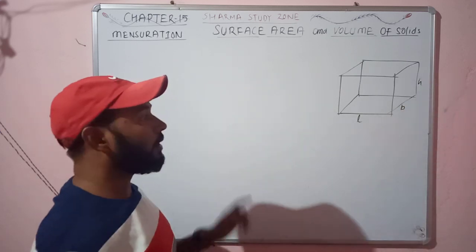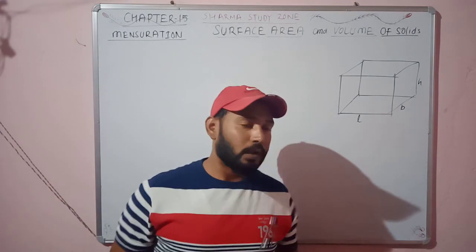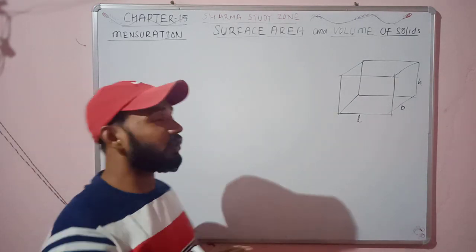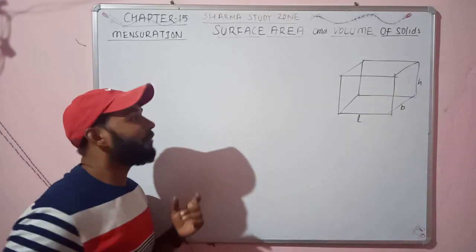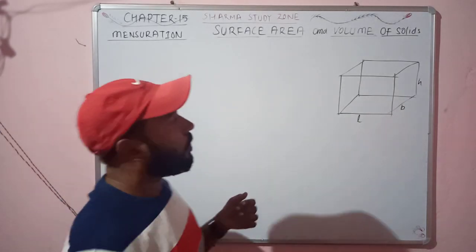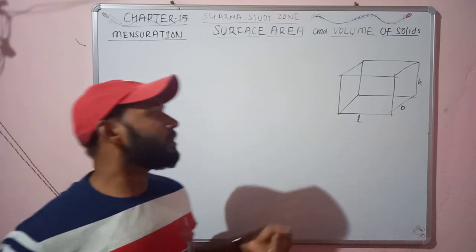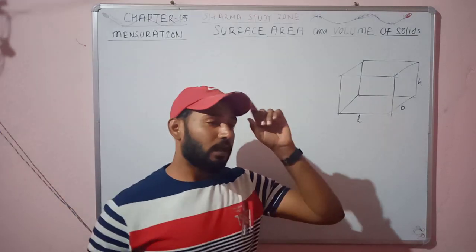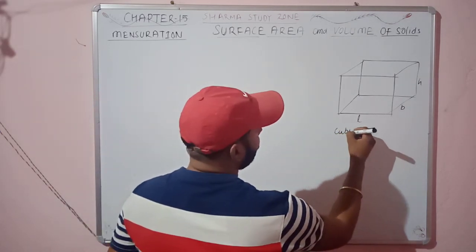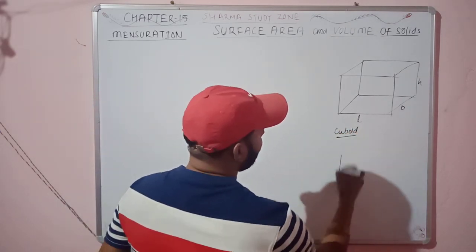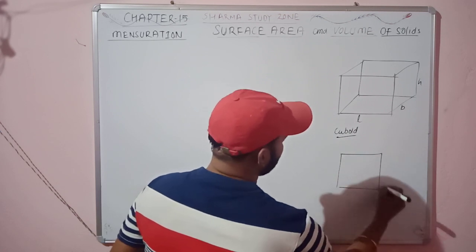So a figure having length, breadth and height, or you can say a figure having three dimensions, is known as a solid surface or solid figure. So in this video we are going to discuss solid surfaces, in which we will discuss the cuboid. Next may be the cube.